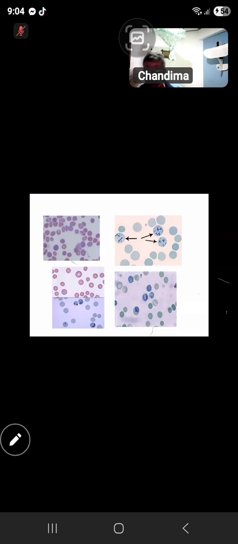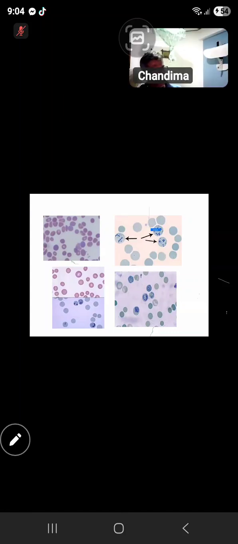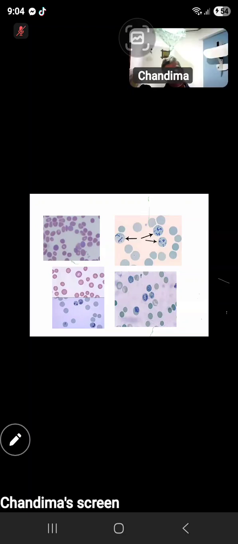Not only the aspiration, sometimes your autoloader is not working properly to mix the sample. There should be 3 to 6 inversions before aspiration of the sample in your autoloader. If the autoloader is not working properly, this mixing does not occur. Then, instead of cells, it aspirates more and more plasma. That is a partial aspiration, and the total cell line count is reduced.